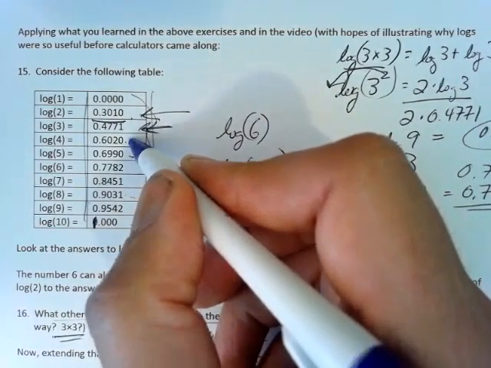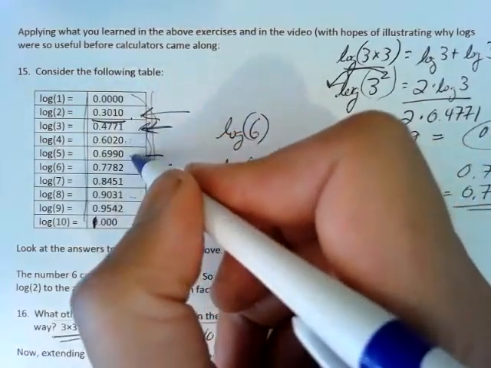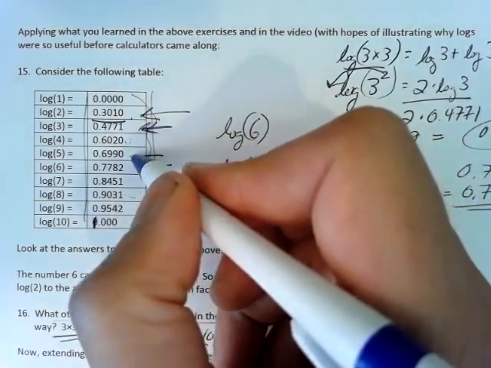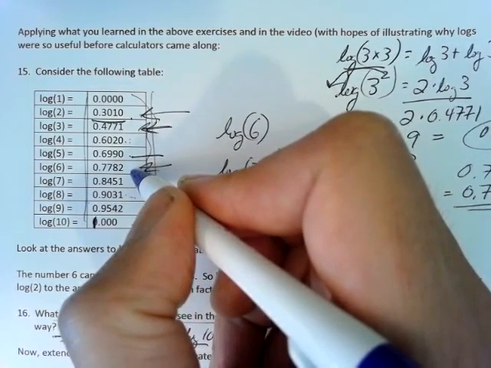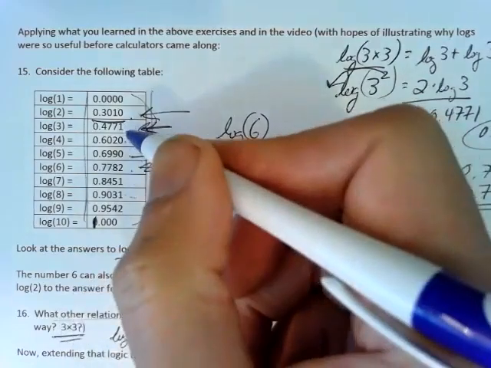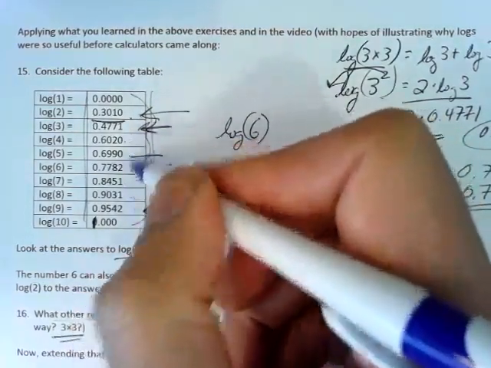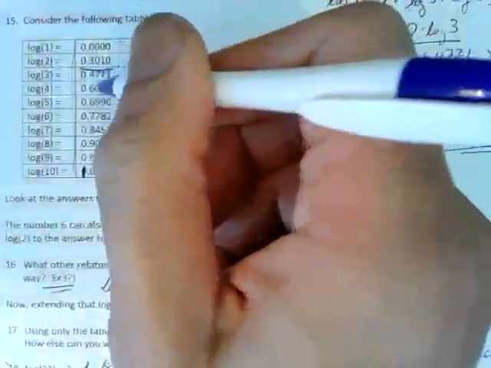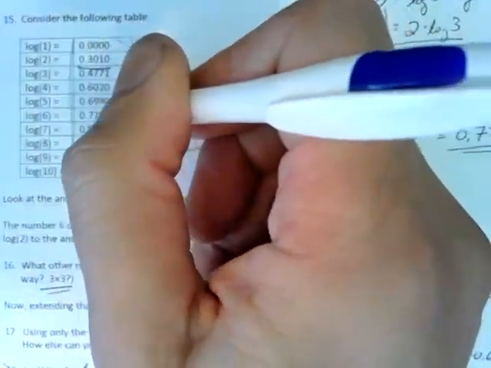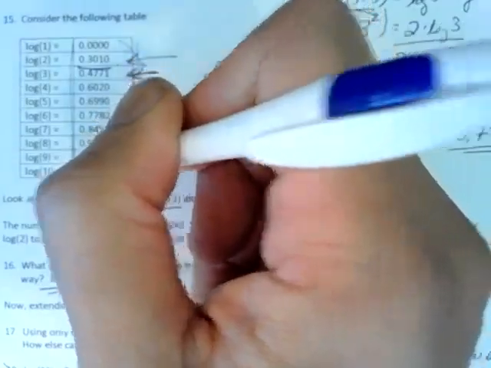If it was 5,000, it's going to be 3.69. If it was 6,000, it would be 3.77, because we'd have 6 times 10 cubed. So anywhere between 1,000 and 10,000, we're going to get 3.4, 3.6, 3.7, 3.78, 3.84, 3.9, 3.95 for 9,000.